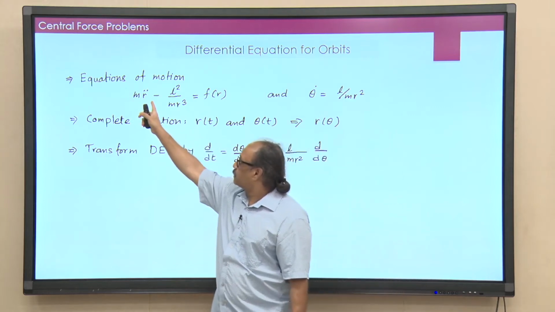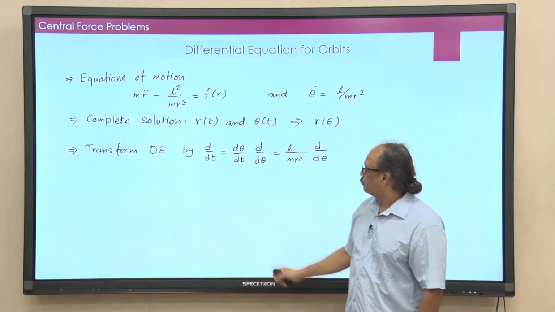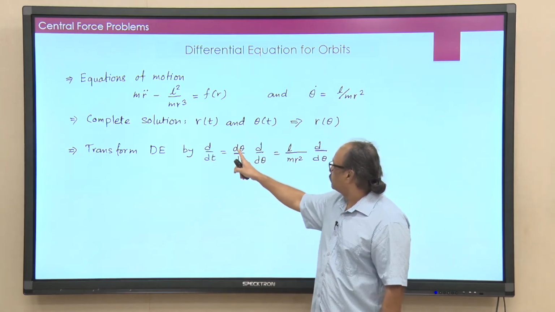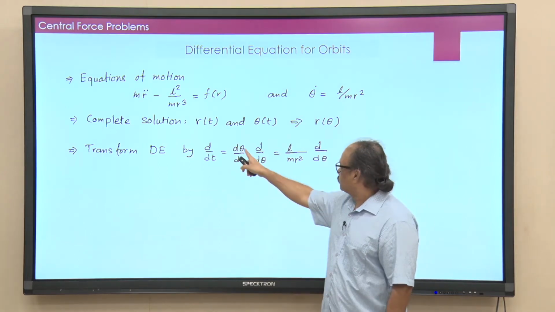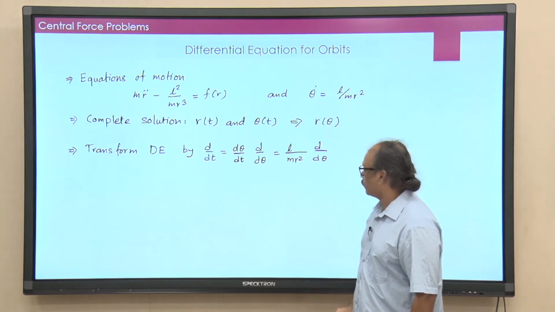Time also appears in the differentiation process, so d by dt can be written as d theta by dt into d by d theta, and this is just theta dot, and we know theta dot is L by m r square.